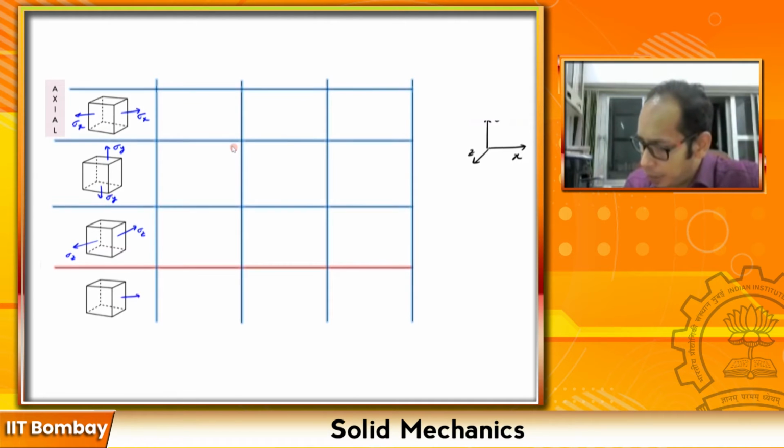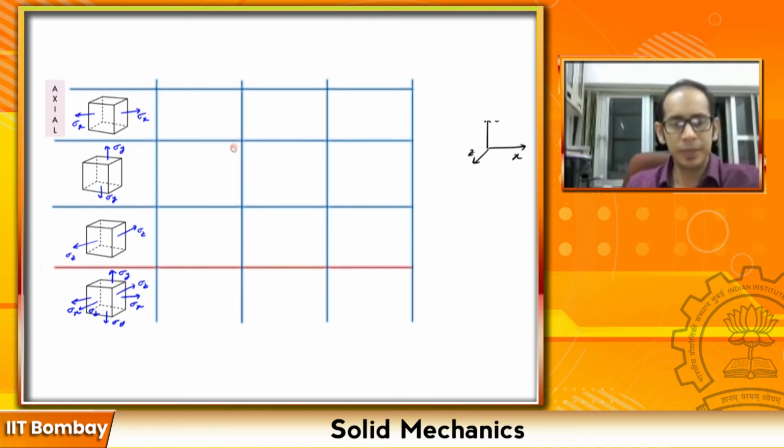In the fourth cube I have, of course, sigma x, sigma y, and sigma z over here, right? So now I have these individual cases and a combined case which constitutes all of these cases.